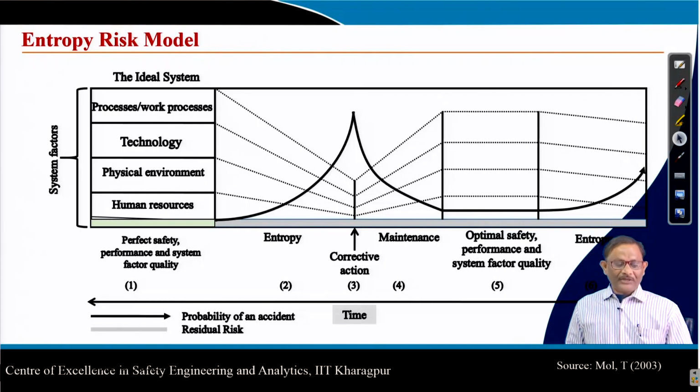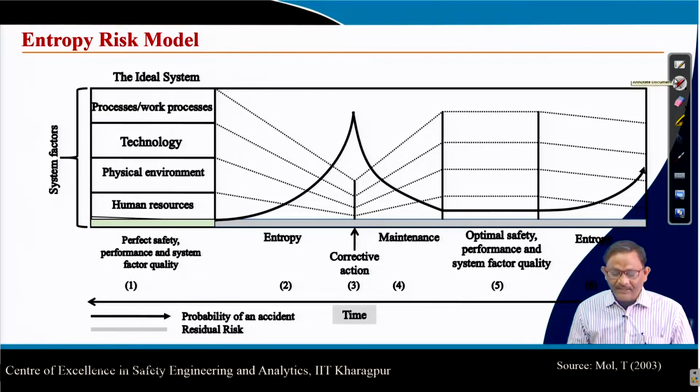But as time passes, wear and tear of all the system components takes place. This wear and tear introduces another kind of risk into the system, which is known as entropy risk. So what I mean to say is that for any system when it is designed, there will be two kinds of risk.